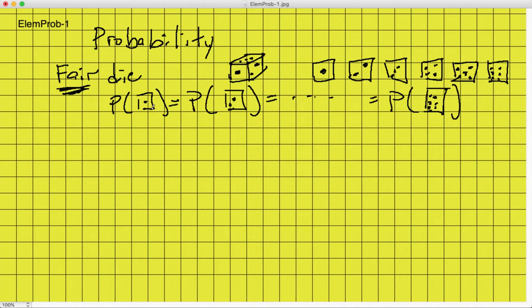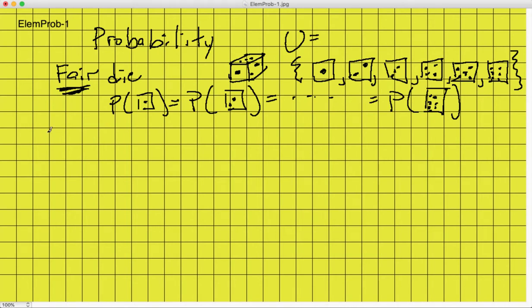We note that this is my entire universe. In other words, my universe, we could call it U, is equal to this set right here, meaning that anytime I roll the die, I'm going to get one of these outcomes and no other outcomes.